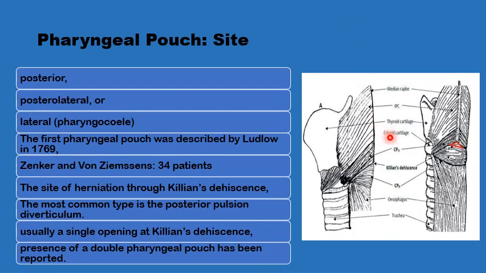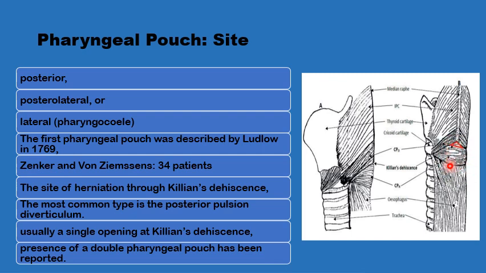Pharyngeal pouches were probably first diagnosed more than 250 years ago by Ludlow in 1769. But it was Zenker and his colleagues that reported on more than 30 patients and correctly identified the site of origin of the pharyngeal pouches in the posterior part of the hypopharynx and the upper esophagus, in the weak part here, the Killian's dehiscence.